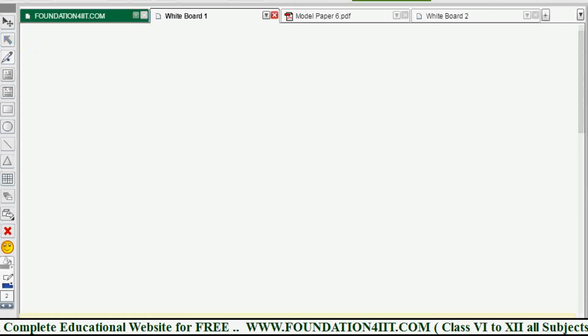So to find the sequence, the sum of n terms is given, right? So Sn is 5n square minus 8n. And by using the formula, an is equal to Sn minus Sn minus 1.